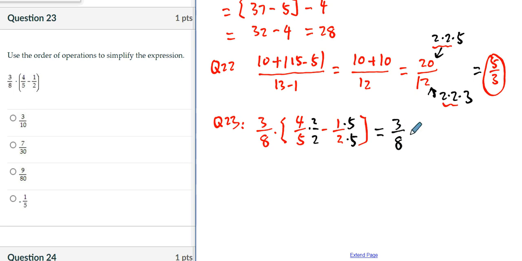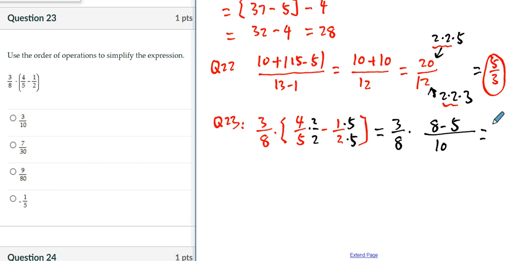And then downstairs, 2 times 5, you got 10. Leave it alone. Upstairs, 2 times 4 is 8. Minus 5. 1 times 5 is 5.